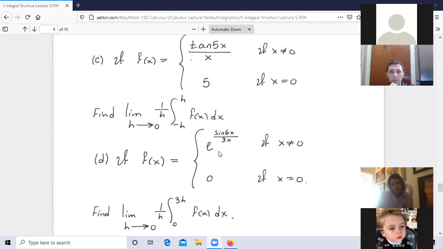Ibad, a little. You're almost right. Look at it again. It's 3h in the integral, and it's 1 over h when we divide. There is no. It's one function.